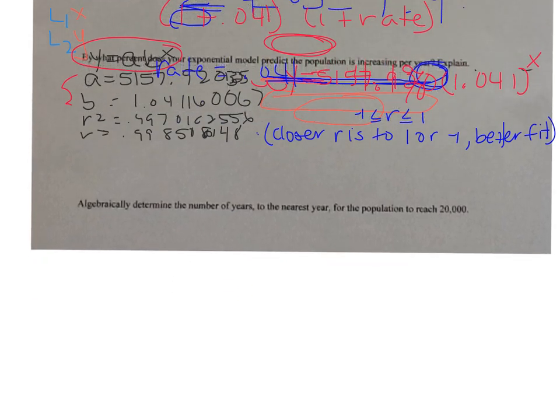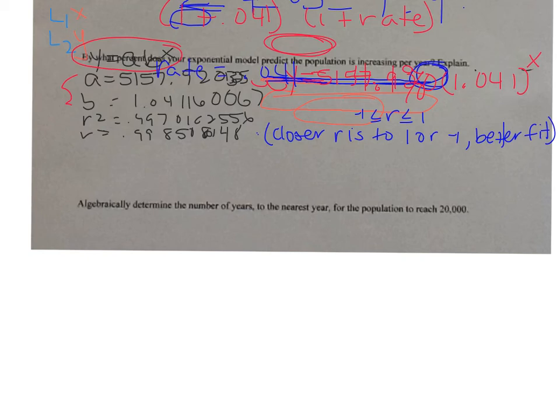All right, and let's look at the last part. It says, algebraically, determine the number of years to the nearest year. So if I'm determining the number of years, identify what you have to solve for. That means you're solving for x. X represented the number of years for the population to reach 20,000. Now remember, your population was your y value.